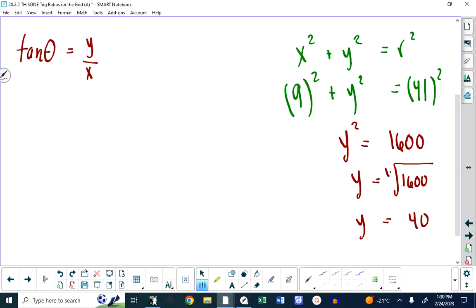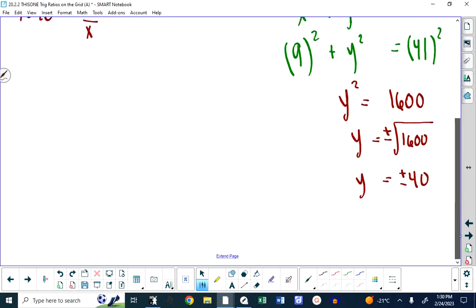And now, from here on forward, from this day on, when you take the square root, you have to write this: plus or minus the square root. This means plus or minus 40. What does that mean? It means y equals 40, and y is equal to negative 40. There's two answers.